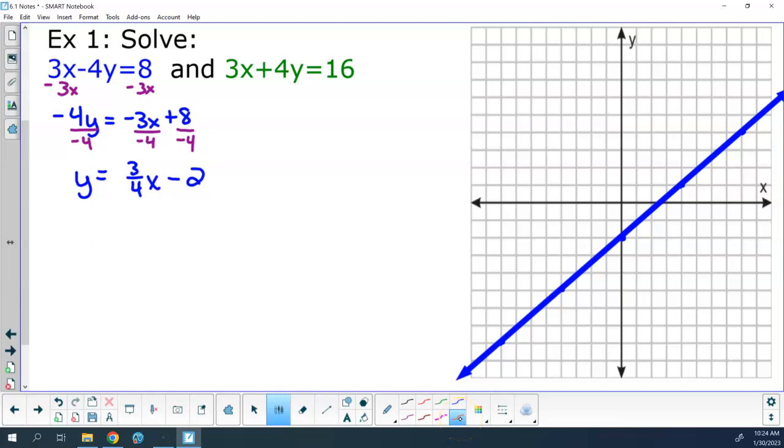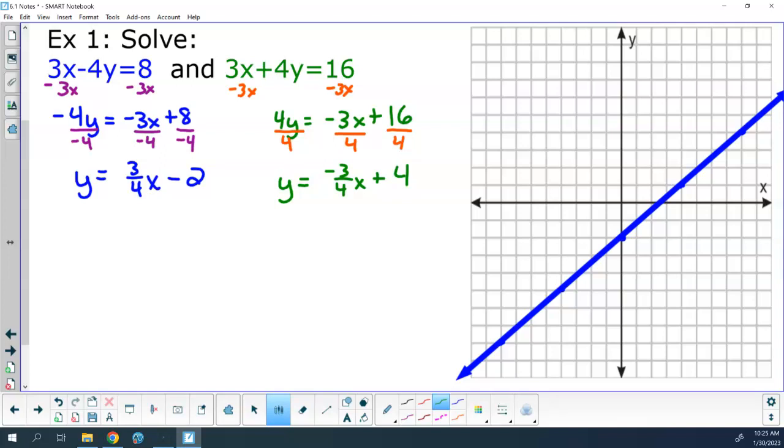Here now I would subtract 3x again. That gives me 4y equals negative 3x plus 16. Now I would divide every term by 4. That gives me y equals negative 3/4 x plus 4.